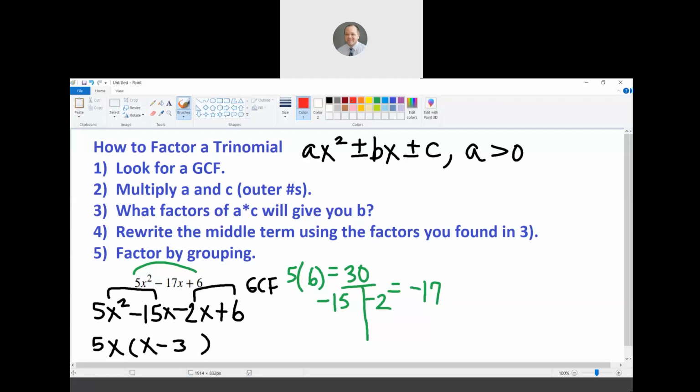And again, to get that information, just simply divide each term by your GCF. So here, 5 can go into itself one time. And if we take away an x from x squared, we're left with an x. Negative 15 divided by 5 is negative 3. And the x's cancel.